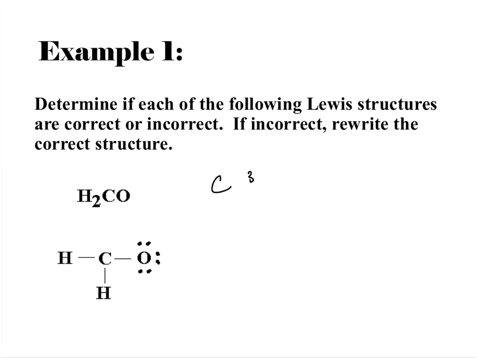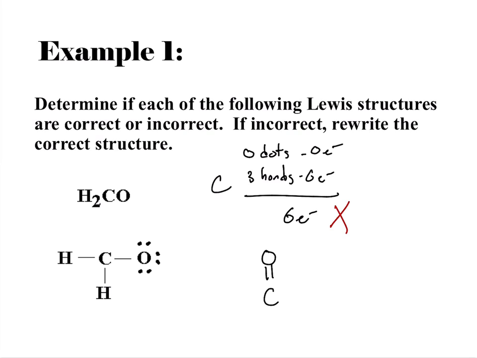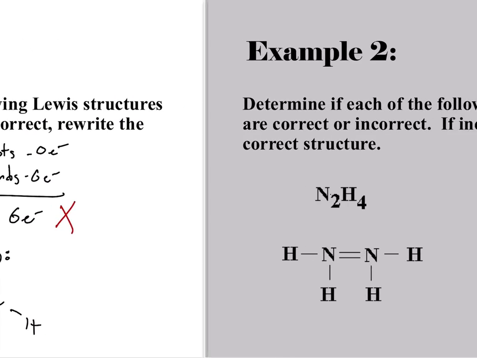We have 3 bonds, which is 6 electrons, and how many dots? 0 dots, so we have 6 electrons around it, right? So this doesn't satisfy the octet rule. That's one reason that it could be wrong. If we counted the total number of electrons, they would be fine here. And we know from our previous example that this is what the structure of formaldehyde looks like.